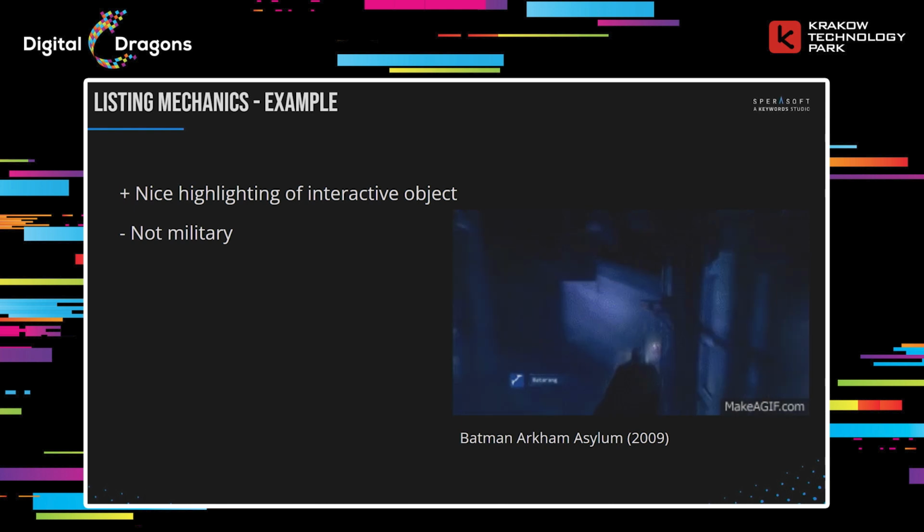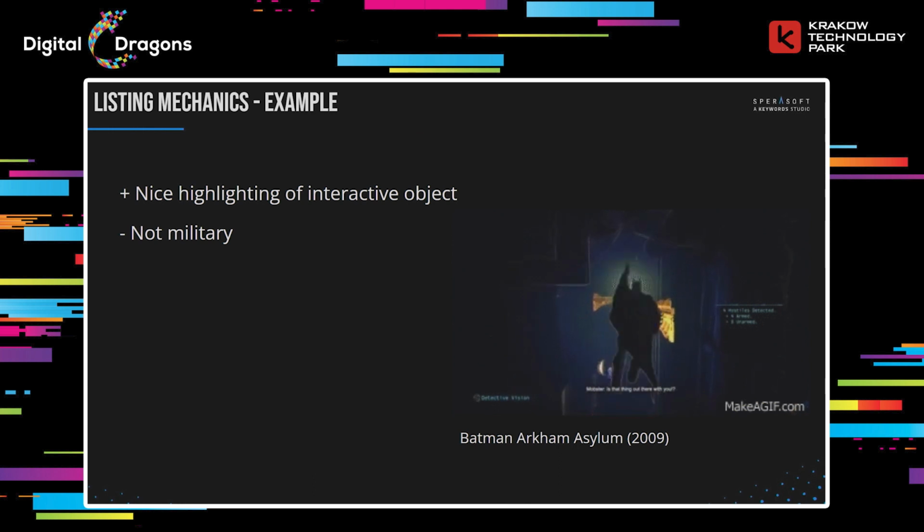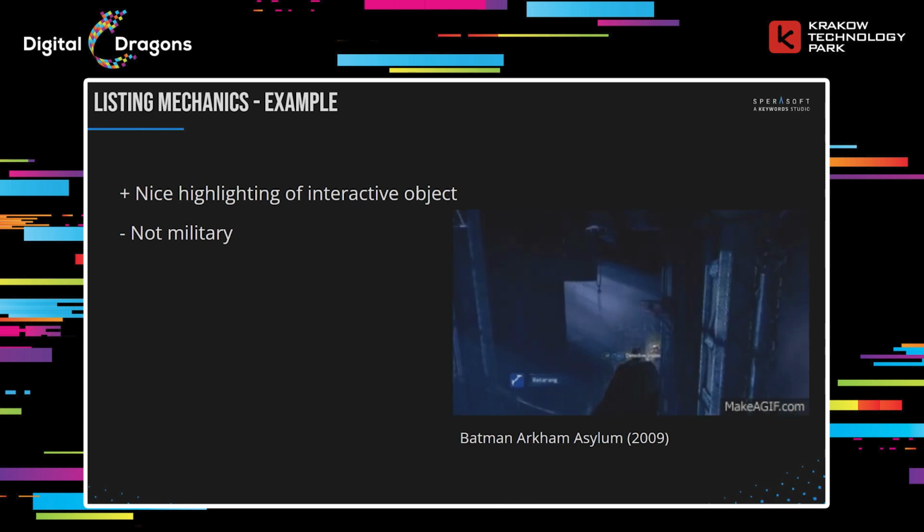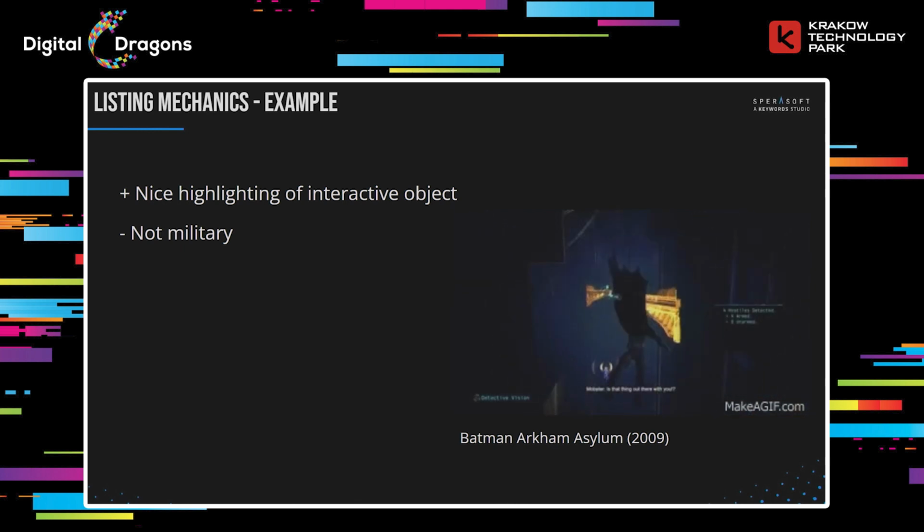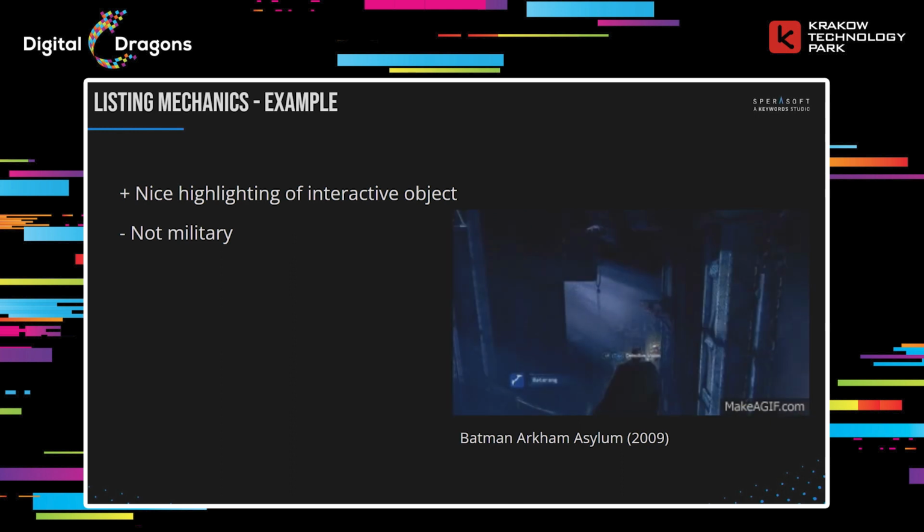It's really clean and really useful for us, but it doesn't feature the military theme, and we are making a military third-person perspective game. So it's cool at the basic core, but it doesn't go with the military stuff.